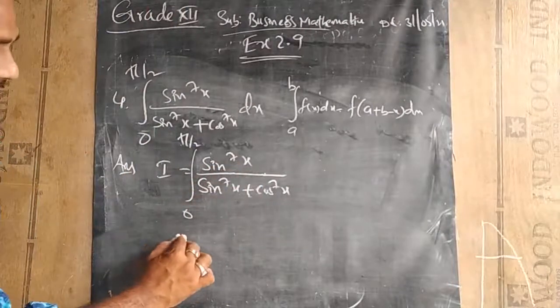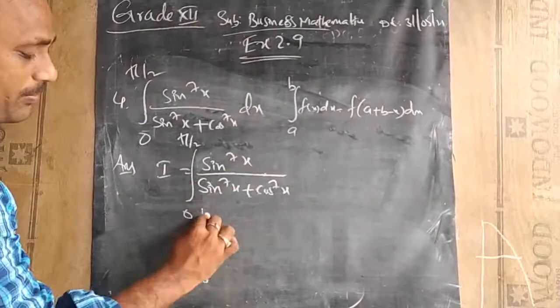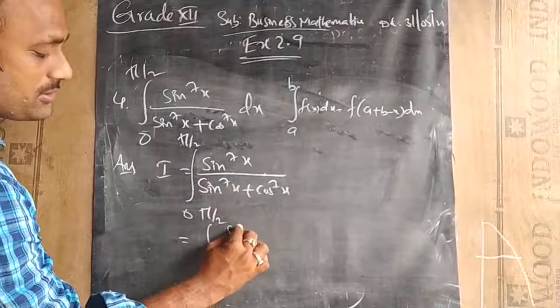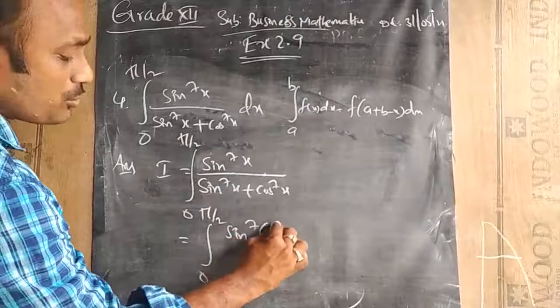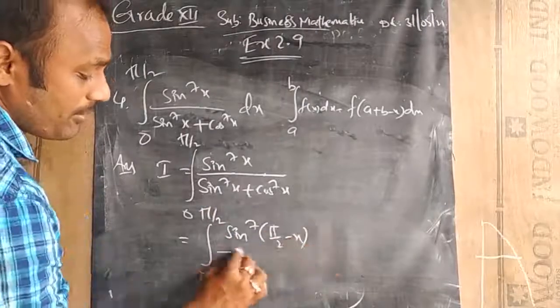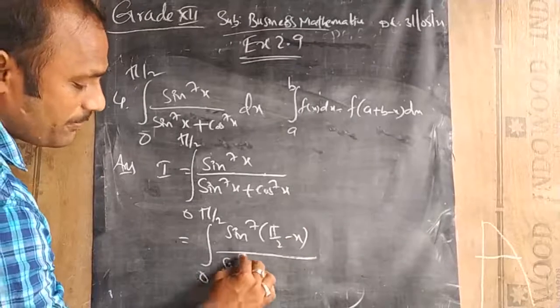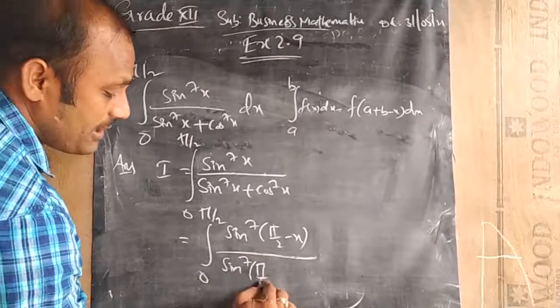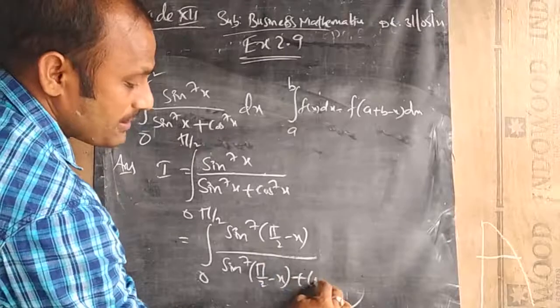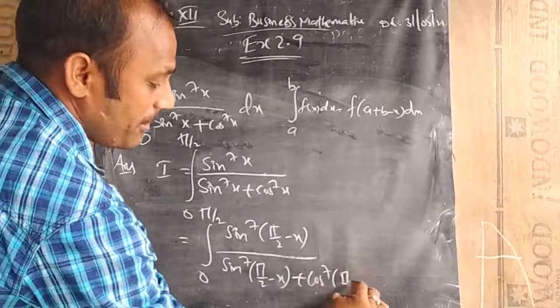So this can be written as integral 0 to pi by 2 of sin power 7 (pi by 2 minus x) by [sin power 7 (pi by 2 minus x) plus cos power 7 (pi by 2 minus x)].